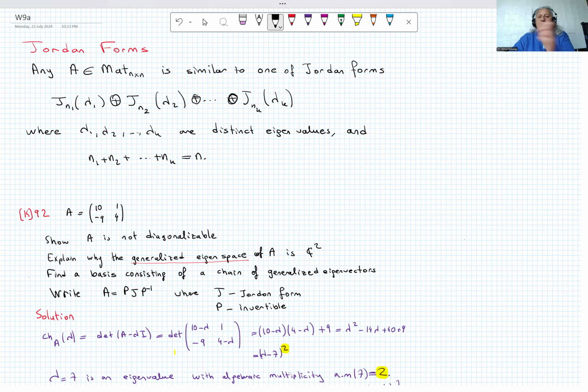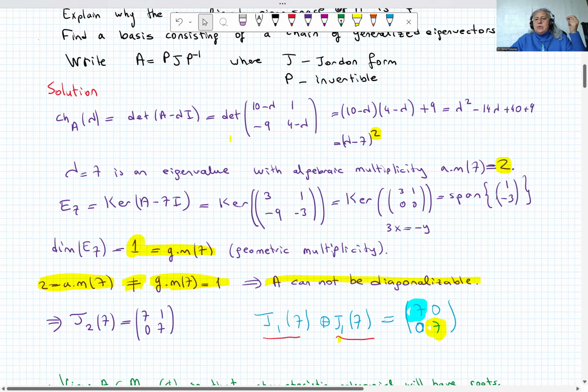If you multiply this row and add it to the other row, you will find the second row is 0. The first row gives us 3x equal to minus y. If x is equal to lambda, then we find that (1, minus 3) is the basis for this kernel space.